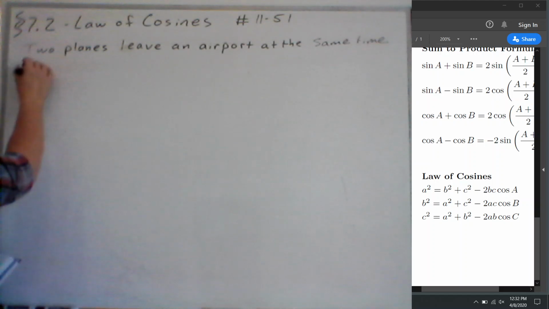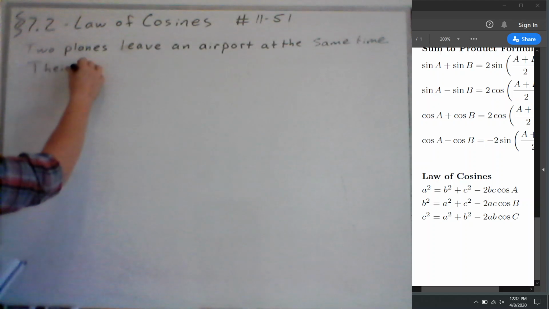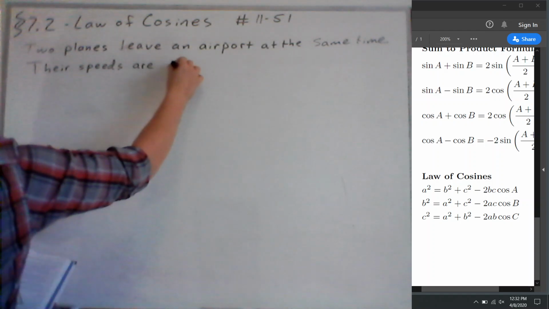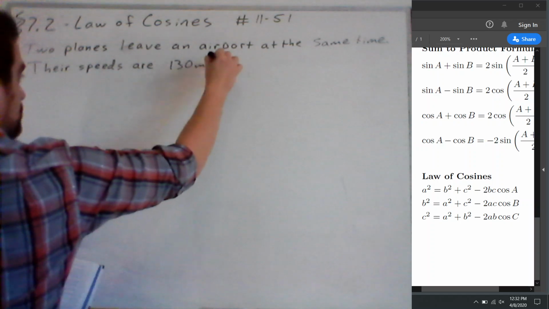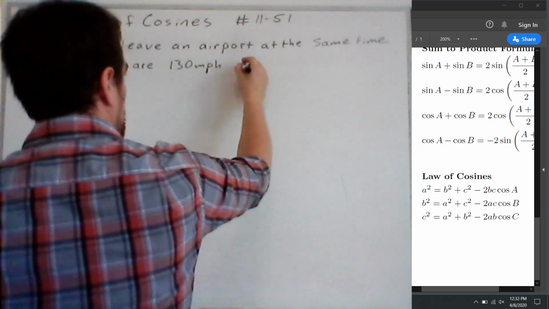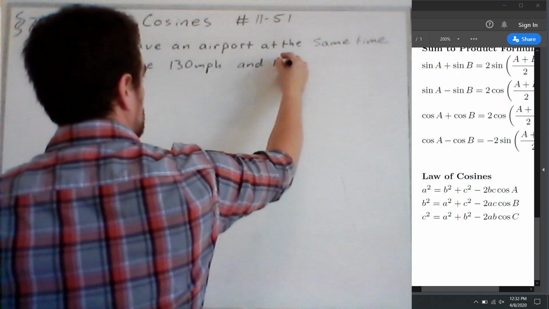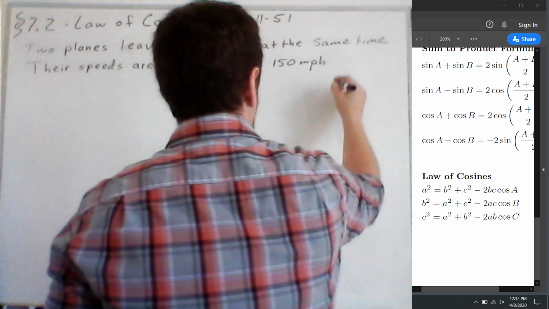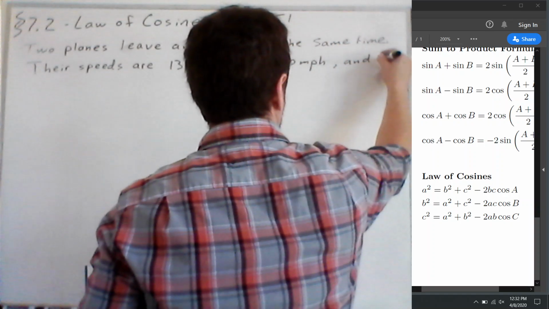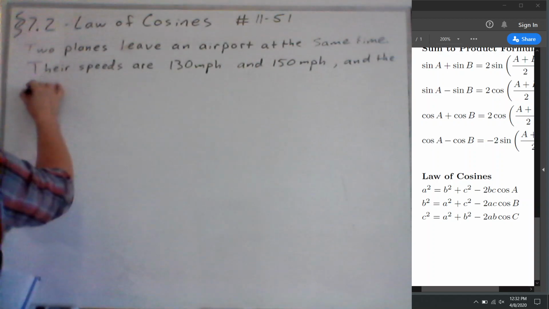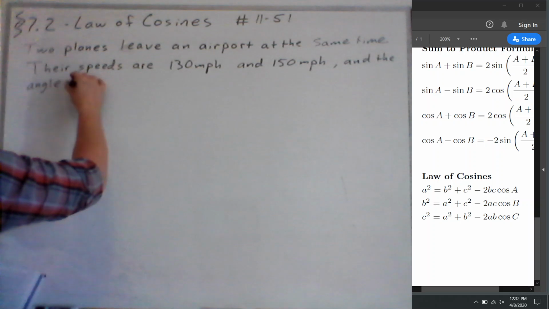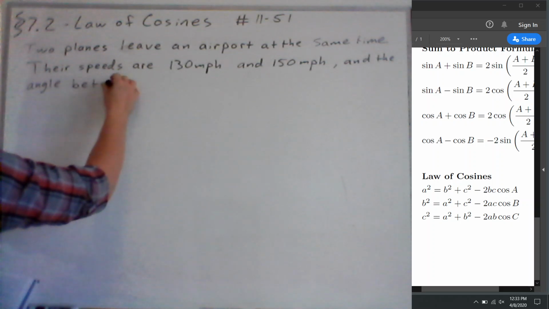And it says, well, their speeds are 130 miles per hour and 150 miles per hour. And the angle between their courses is 36 degrees.